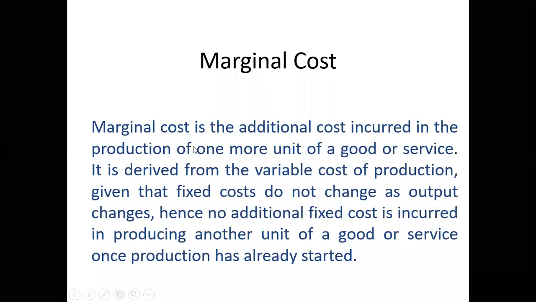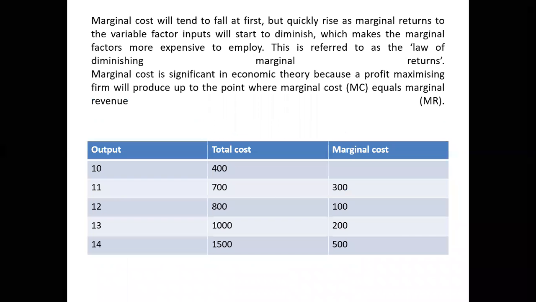Do you see this term, one more unit? So when we make one extra unit of production, only then do we calculate marginal cost, not when we reduce output. Are you clear? Okay, ma'am.